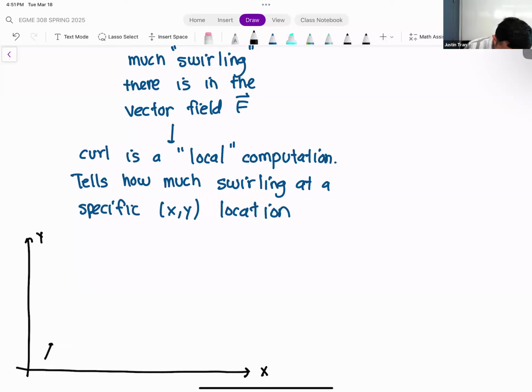Remember, a vector field is going to look something like this, where the arrows point in a different direction at every single spot. When you compute the curl, it tells you how much swirling there is here, and that may be different compared to how much swirling there is over here. So it's a very point-by-point quantity.